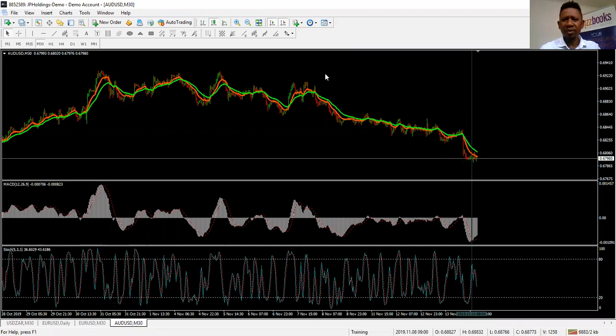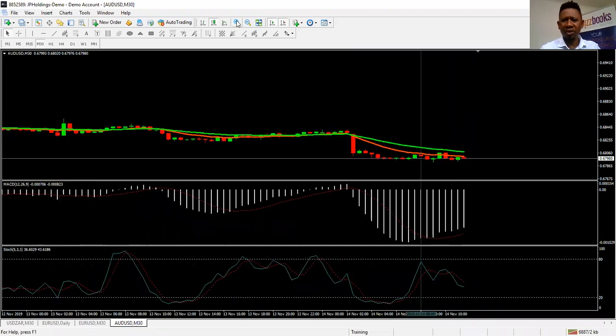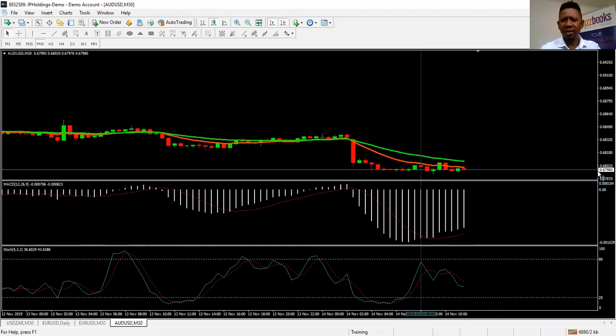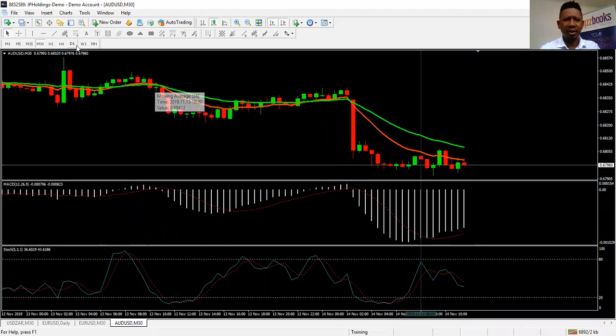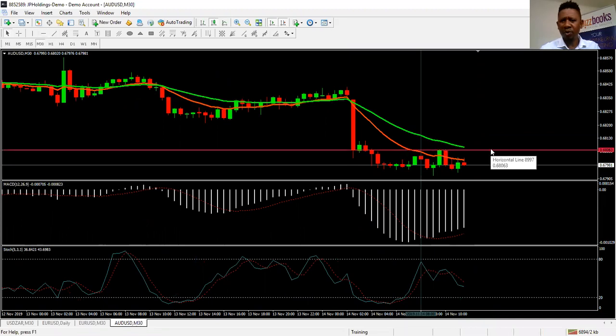So the one who sold here using 1.00 would make or lose $320.